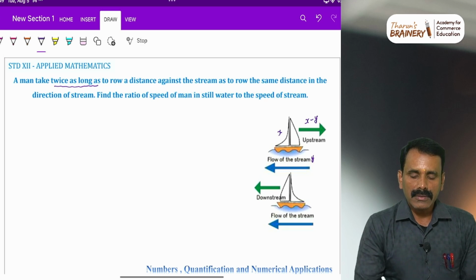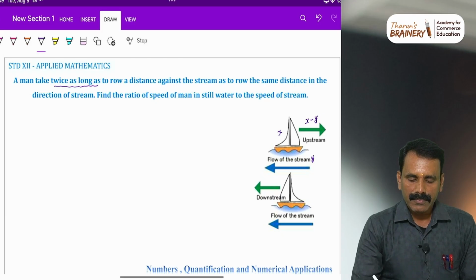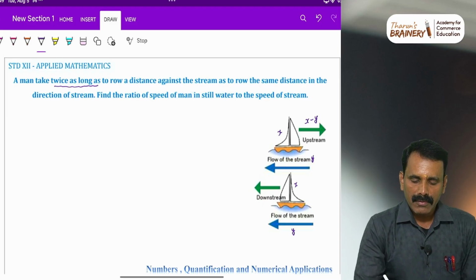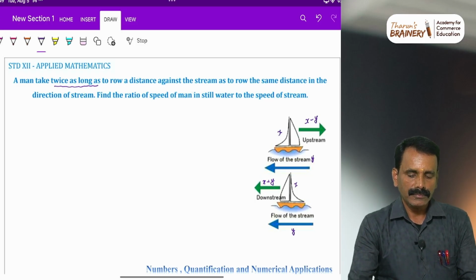Along the stream, the speed of the boat is x kilometer per hour and the flow of the stream is y kilometer per hour. Because he is going to sail along the stream, we take this as x plus y.